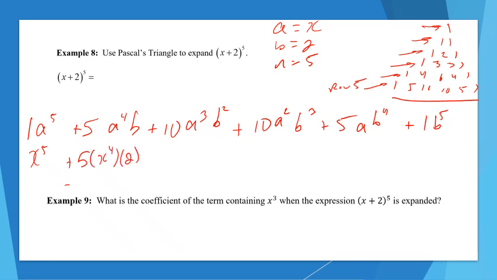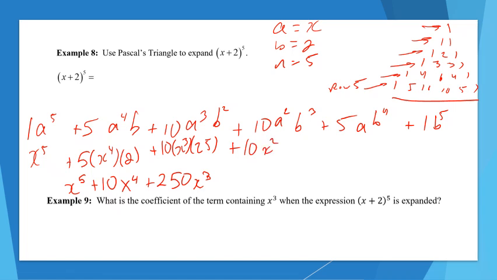So this is going to be x to the fifth plus 10x to the fourth plus 10 times x cubed times 2 squared, which is 4, so this should be plus 40x cubed. Plus 10 times x squared times 2 cubed, which is plus 80x squared.